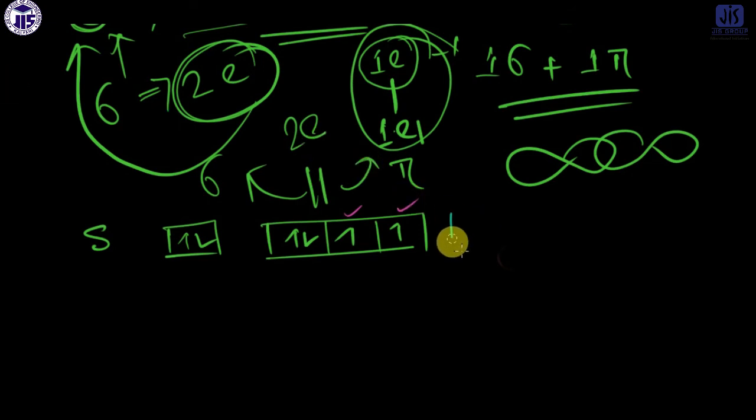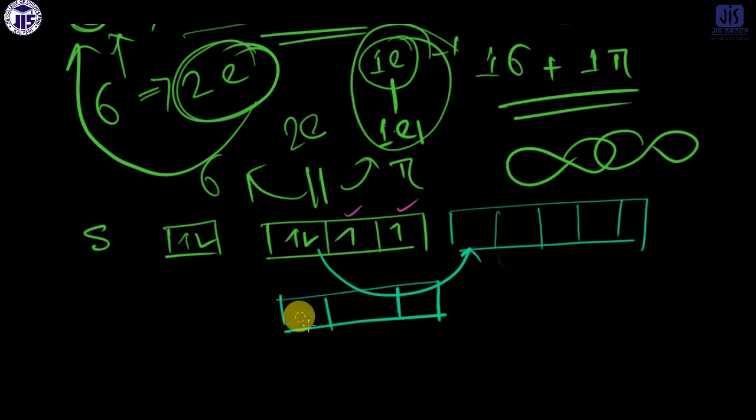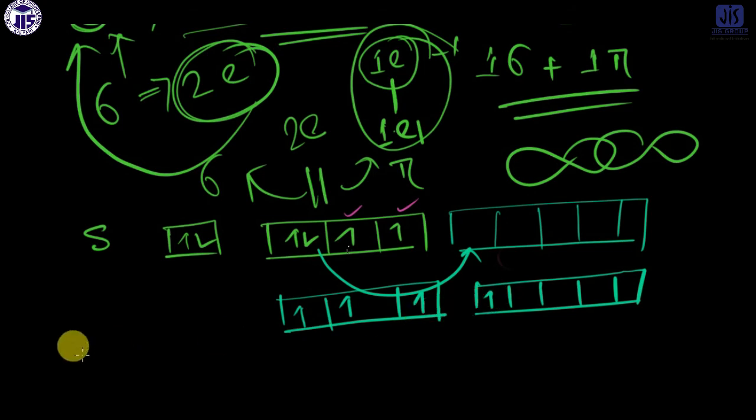In this way, one electron of the sulfur can transfer here. So ultimately, after transferring, the electronic configuration will be like this: 1 1 1 1, and here in the d orbital there will be one electron, and that remains the same.